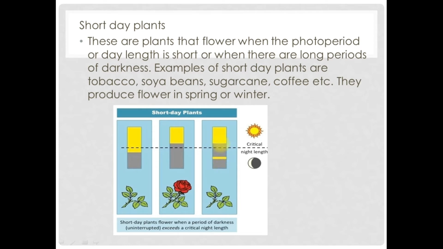When it comes to this plant here, it still has short periods of light, but the dark period has been interrupted, and that caused this plant not to flower. So according to this diagram, what is causing this plant to flower is not the period of light, but the period of darkness, since when the period of darkness was interrupted, this plant failed to flower.